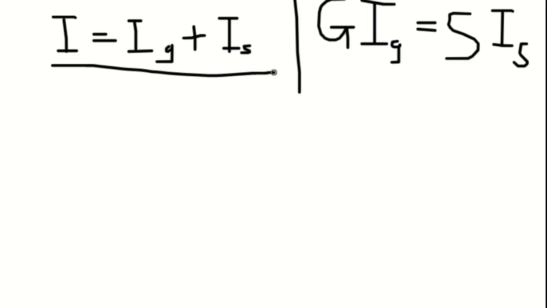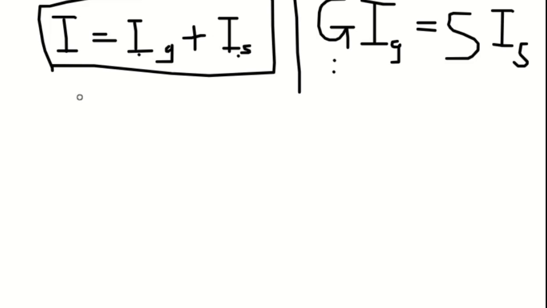So we are having these two equations. This is from Kirchhoff's current law: I is equal to Ig plus Is, that is Ig is the current through galvanometer, and Is is the current through shunt resistance. There is another equation from voltage law, that is G Ig is equal to S Is. G is the resistance of the galvanometer and S is the value of shunt resistance.